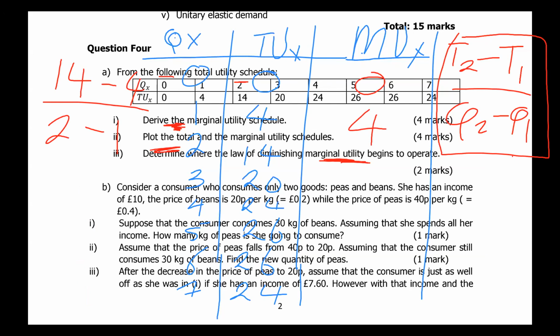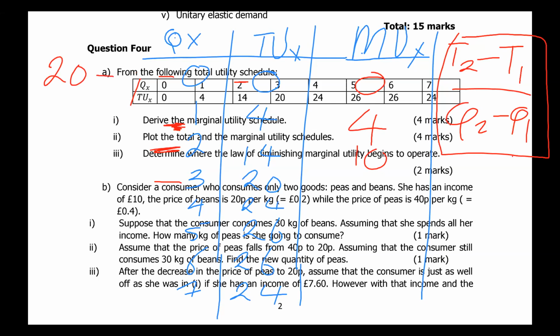That should give us 10. So here it is 10. That's our marginal utility. And then when you go to the third unit, number 3, what is total utility? It is 20.